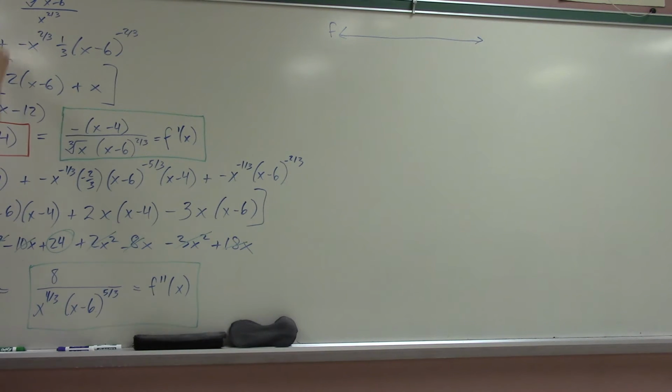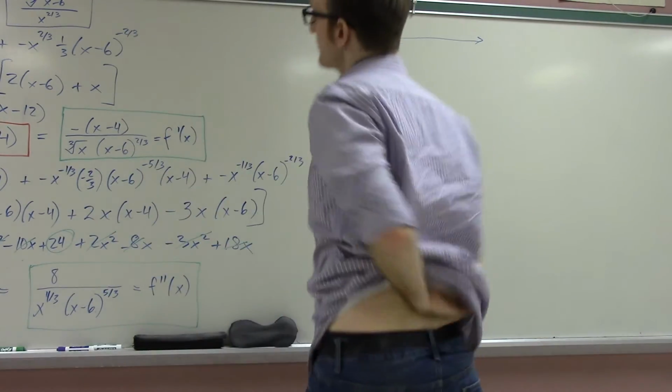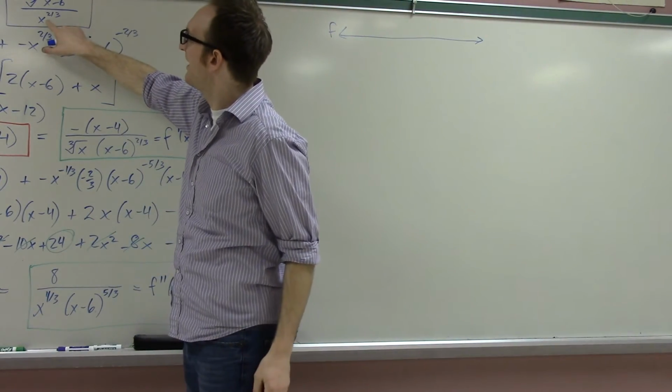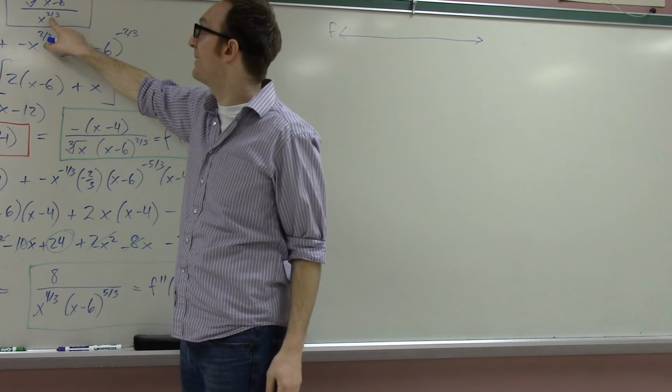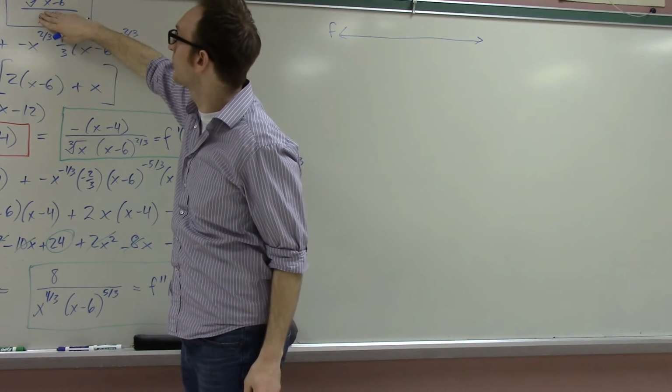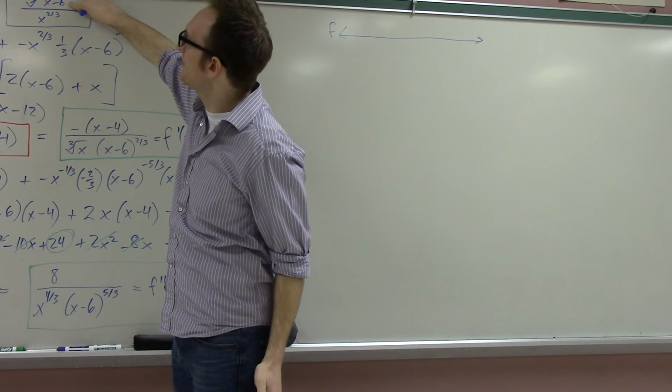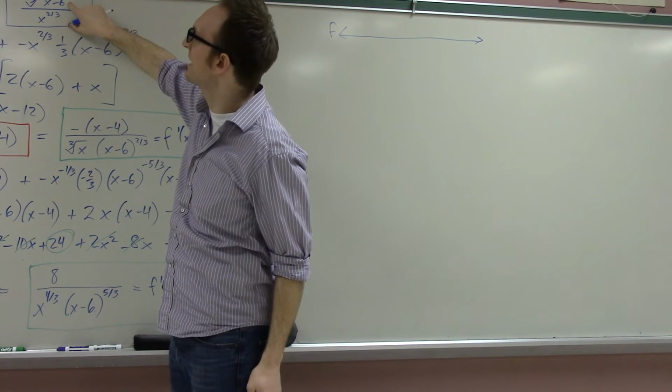Okay, so you really need to know some stuff about math just to be able to analyze when that's positive and negative. First of all, anything to the 2/3 is automatically positive, so that can be ignored. And the cube root of something positive is positive, the cube root of something negative is negative.